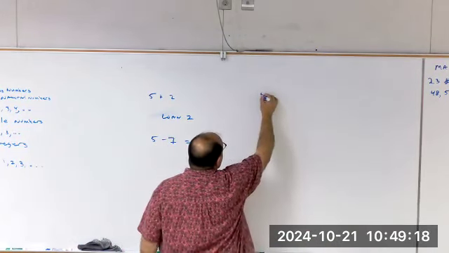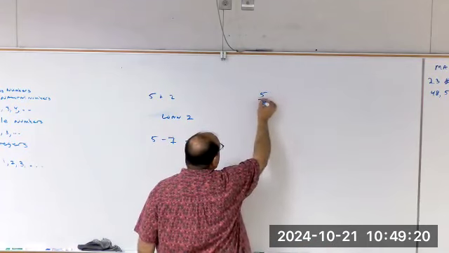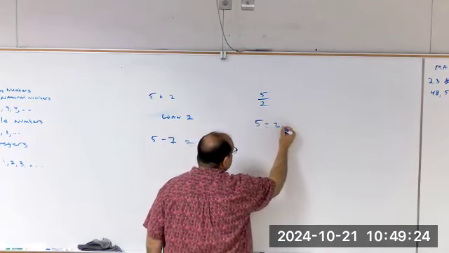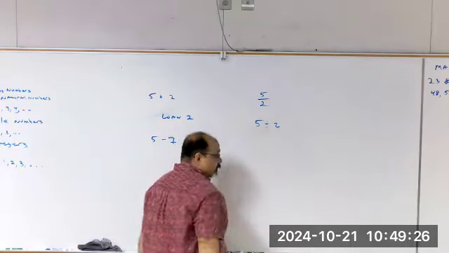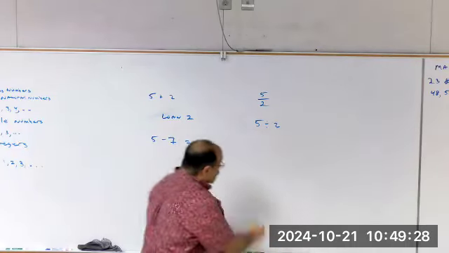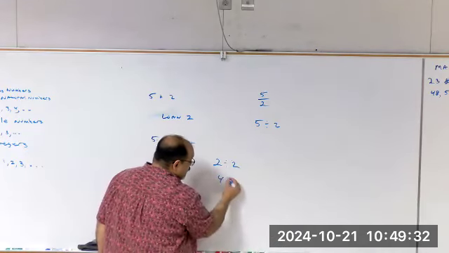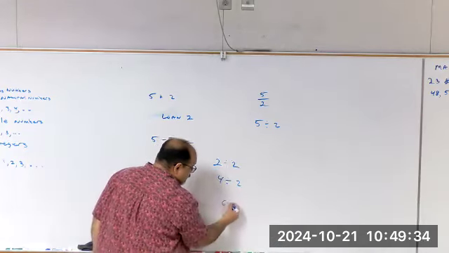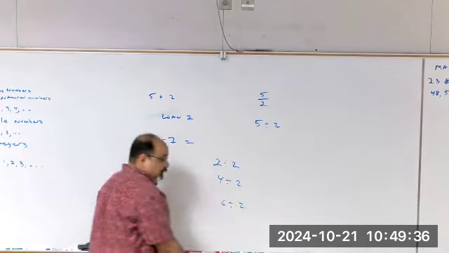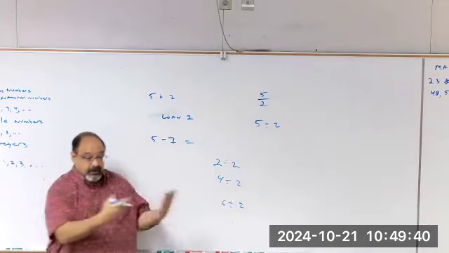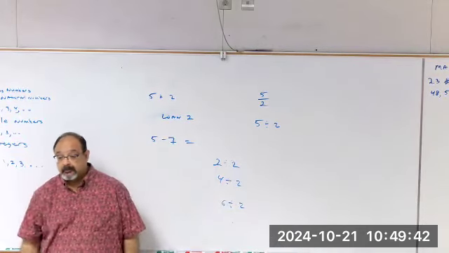So they have 5 rabbits and they have to divide by 2. If it was 2 divided by 2, they can get that. If it was 4 divided by 2, they can get an answer there. So 6 divided by 2, they can get an answer there. But there's no answer in the integers where you can take 5 and divide by 2.